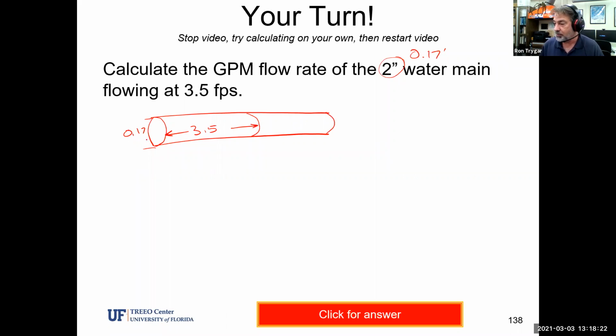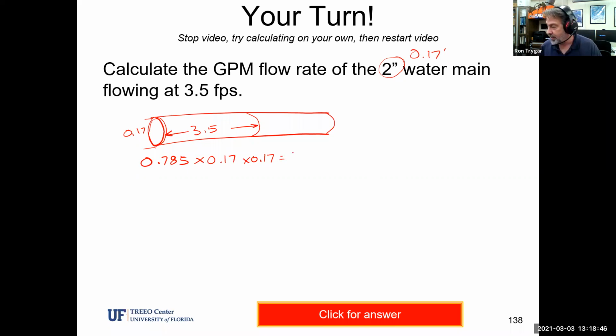So how do we get the surface area of the pipe? We need the surface area. So 0.785 multiplied by the diameter. We said 0.17 times 0.17 is going to give me the area. So 0.785 times 0.17 times 0.17.